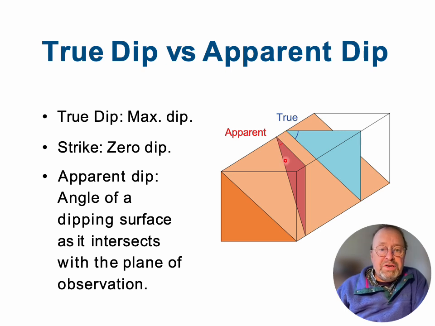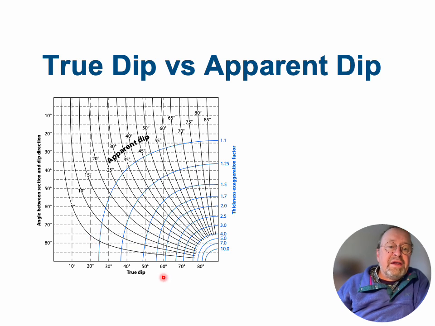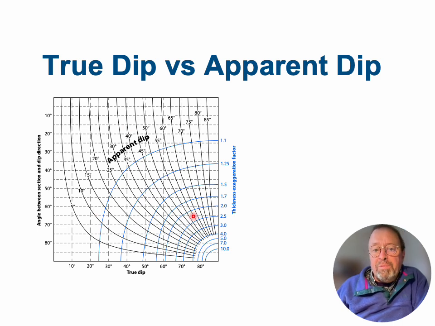If you measure the dip in an oblique fashion, of course it's not as steep. Clearly if it was parallel to the structure contours it would be 0. But if you have an oblique view of the geology, you have to account for this difference between the apparent and the true dip. And fortunately, your guidebook has this very helpful table in it, a graph here that allows you to see the true dip and the apparent dip and account for that obliquity.